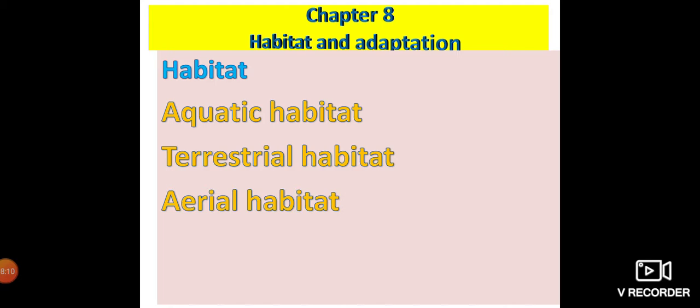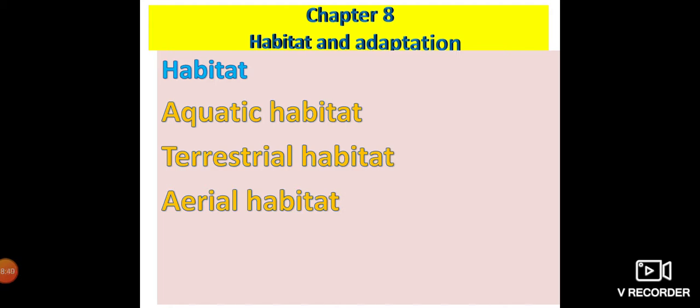According to the different conditions, the habitats of the earth are classified into aquatic habitat, terrestrial habitat, and aerial habitat. Which are the different habitats? Aquatic habitat, terrestrial habitat, and aerial habitat.